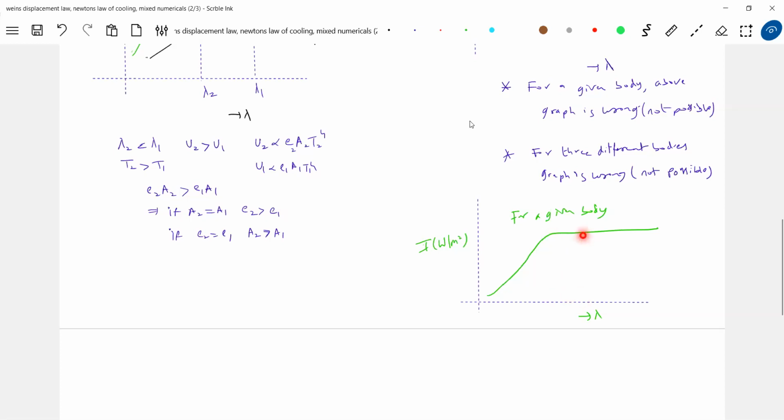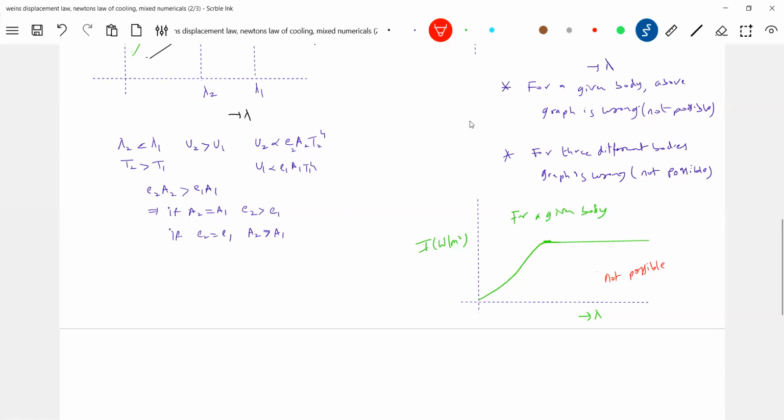Here I'll put a straight line. What is the problem with this graph? The intensity is maximum for all wavelengths, not possible. So where is Wien's displacement law? It is not obeyed. So it is a wrong graph.